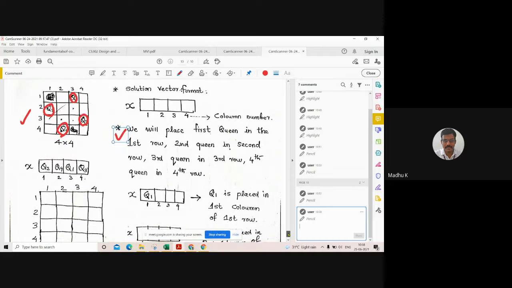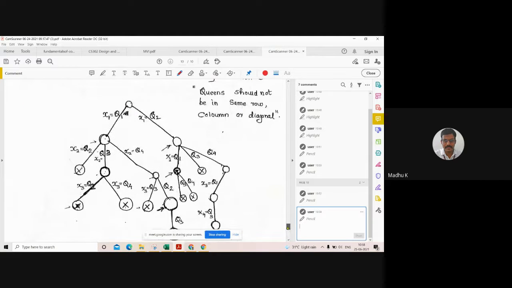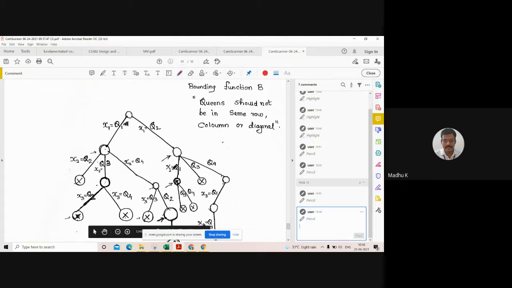Next, I want to solve this problem using the backtrack approach. As I already told you, we will try to create a state space tree in an optimized way. In addition, note that for solving this problem we are using a bounding function. Which bounding function is used?